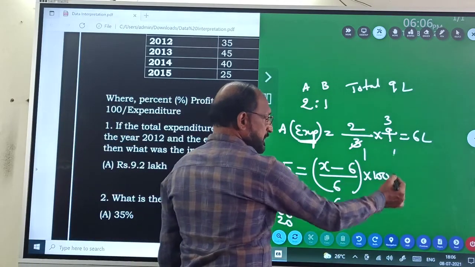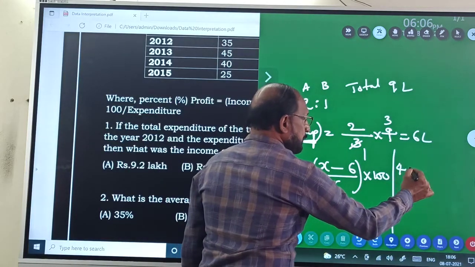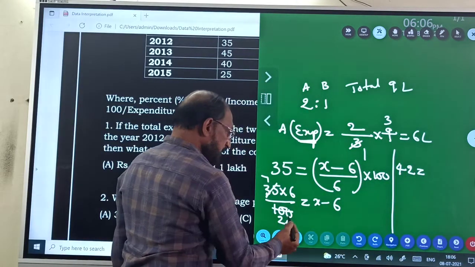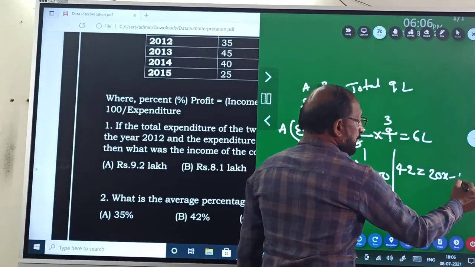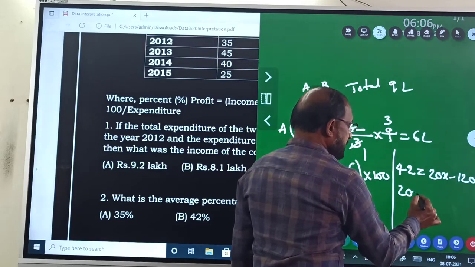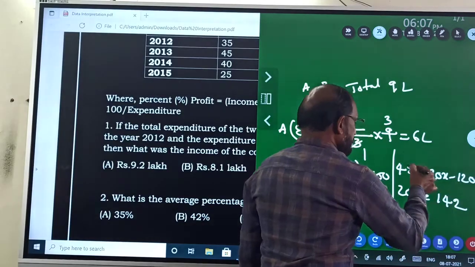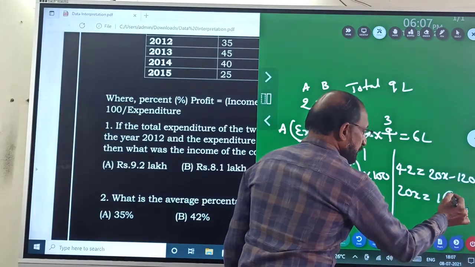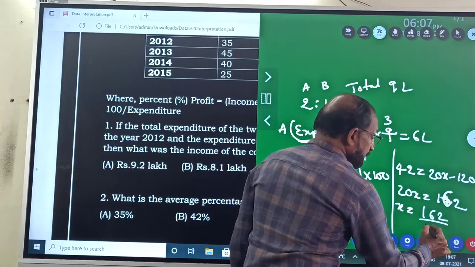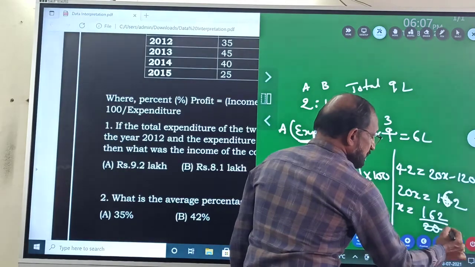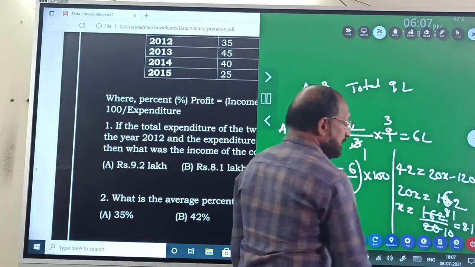Again cross multiplication: 7 sixes are 42 equals 20X minus 120. So 20X equals 120 plus 42, which is 162. X is equal to 162 by 20, which is 8.1. So 8.1 lakh is X.